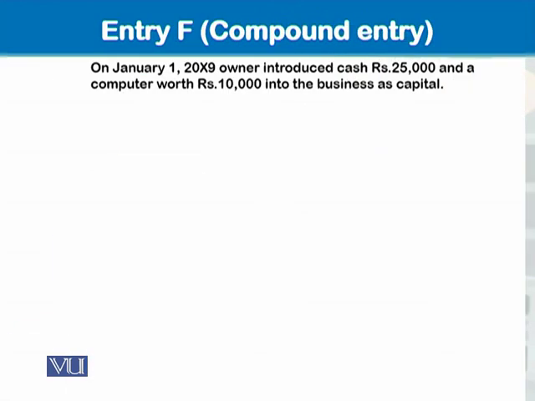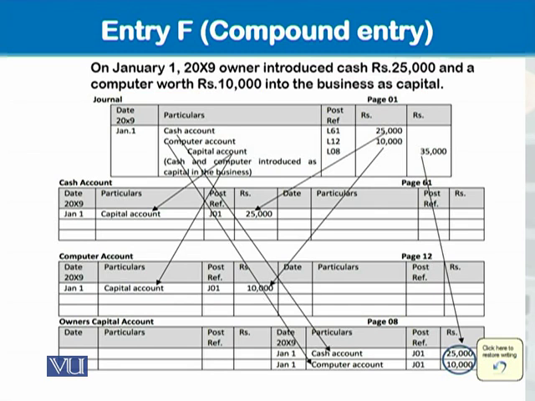Here in this compound entry, on January 1, the owner introduced cash, which is 25,000, and a computer worth 10,000 in the business as capital. This is its accounting entry.